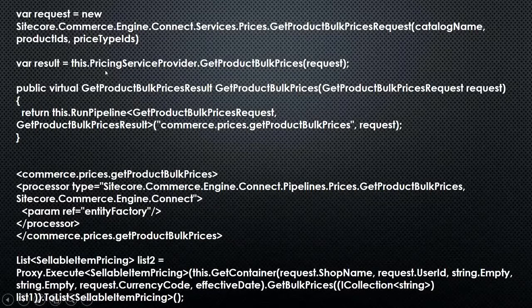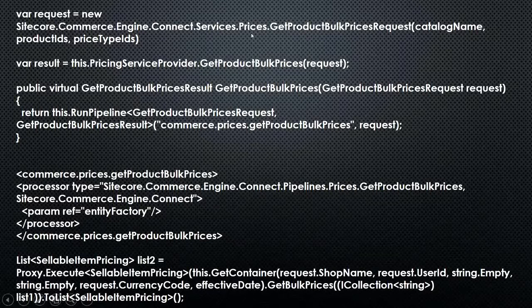The pricing service provider is something that comes with Sitecore Engine, is part of the Sitecore Commerce, but it's a provider. You can create your own provider. Okay, so this gives you the extensibility.